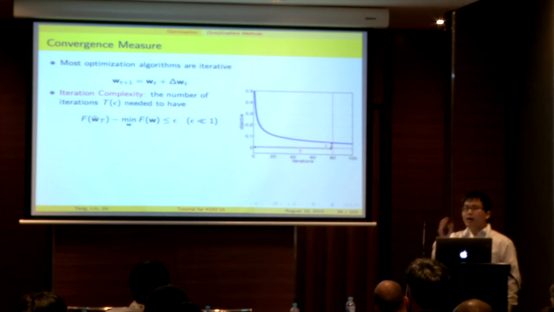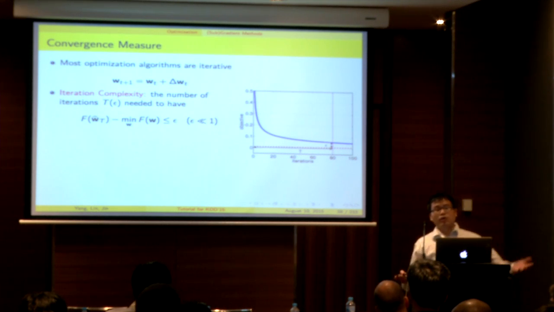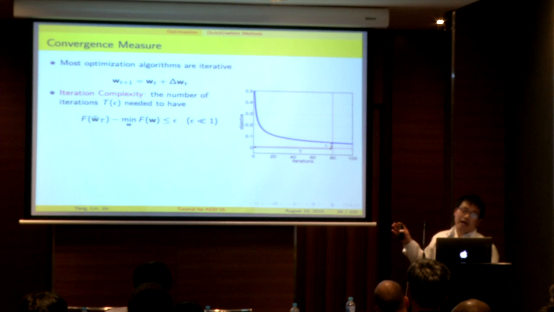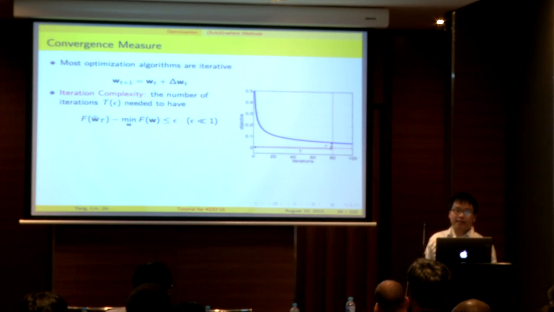If you really want epsilon to be very small, a very high precision, usually you will need to run many iterations. There's always a trade-off between the time you spend and the quality of the outputs. In most of this talk, I would like to show you this trade-off: how the number of iterations depends on your targeted epsilon.